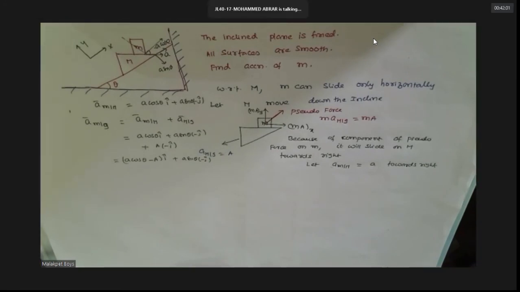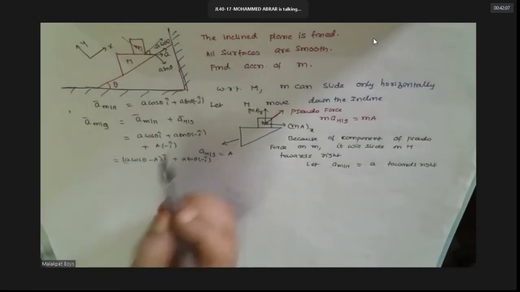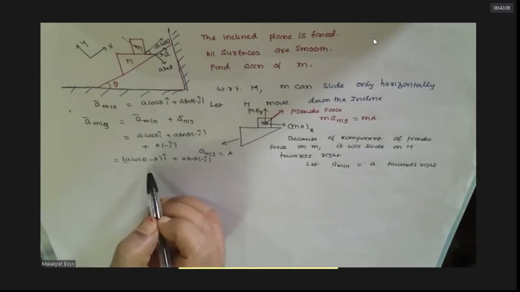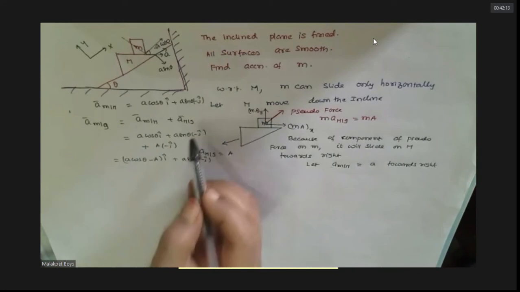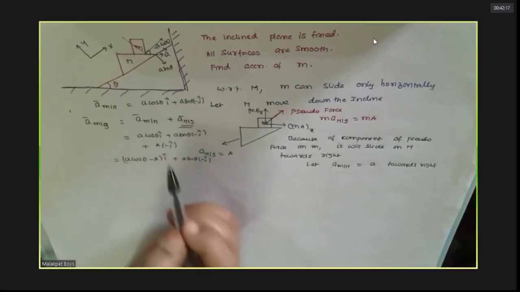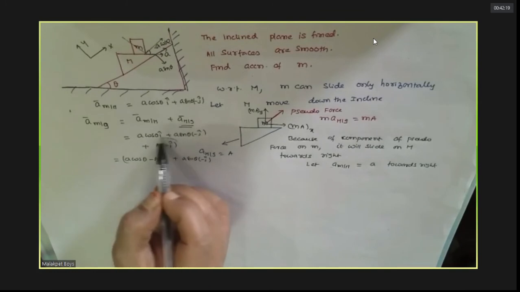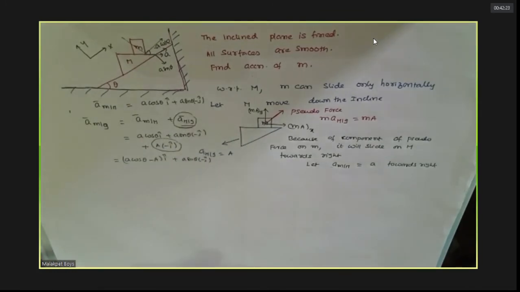Sir, why another acceleration, sir? What another acceleration? I had taken the second one with respect to ground, this one, that capital A. Why? Because this is there now. This is for this part. What about this? Agree or not? Yes, sir.